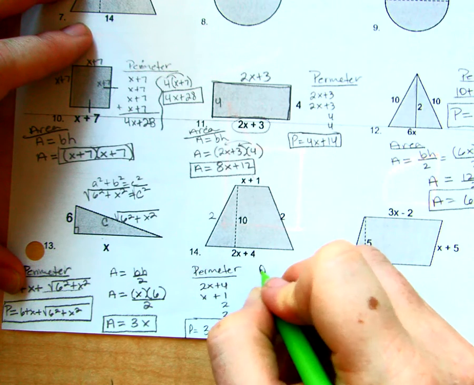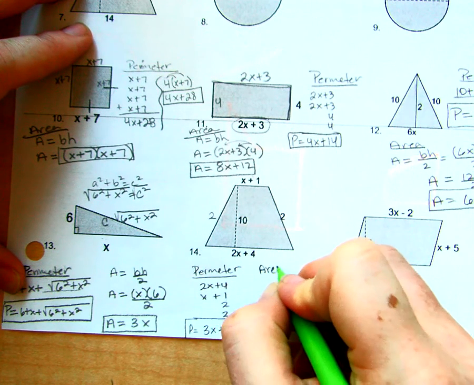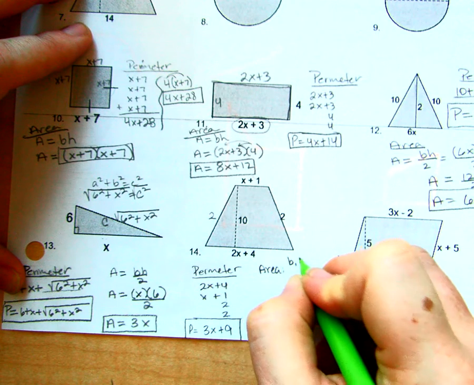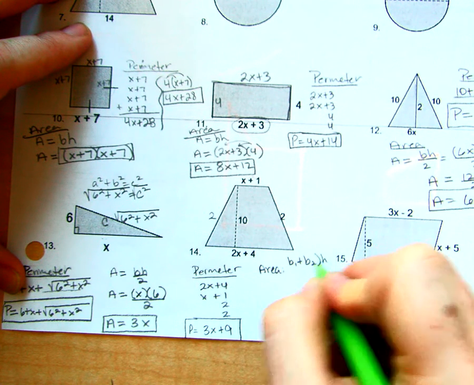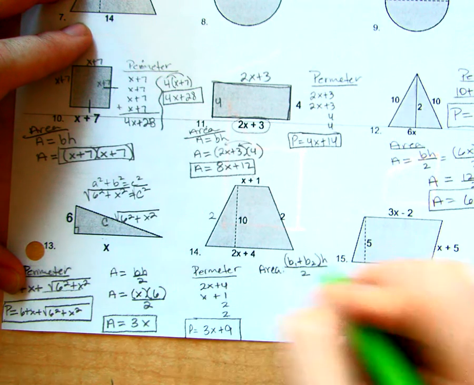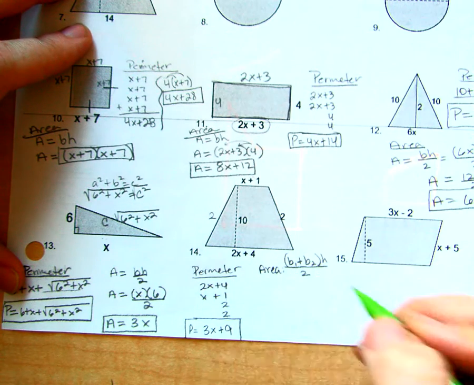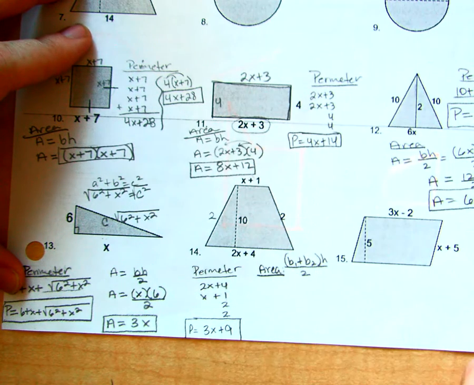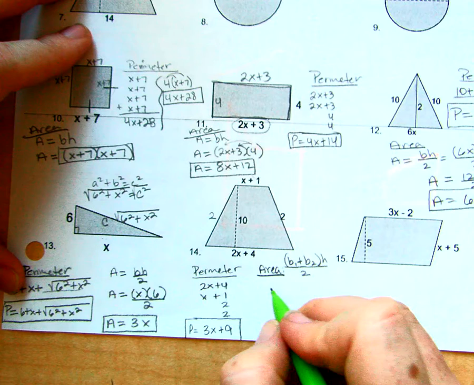And then my area formula is base 1 plus base 2 times the height divided by 2. The parentheses are important because we definitely need order of operations here.